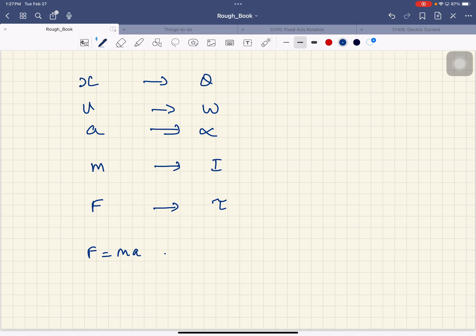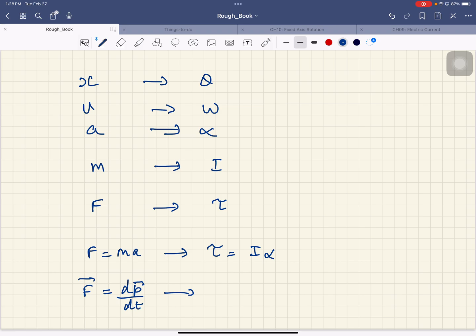That was Newton's second law. So that'll get replaced by, help me out, I forget, torque equals I times alpha. Right? When is this the correct form of Newton's second law? Like in the case of F equals dP by dt.